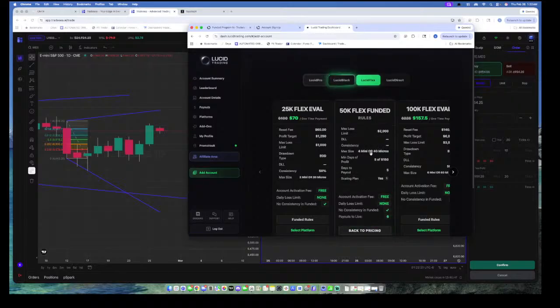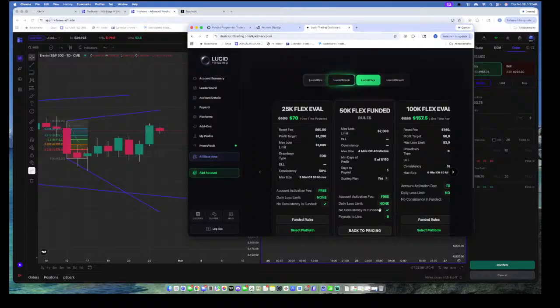Once you're funded, you have a max loss limit of $2,000. You need a minimum of five days of profit at $150, and then you can take half after five days. So as long as you meet the $150, you can take half.